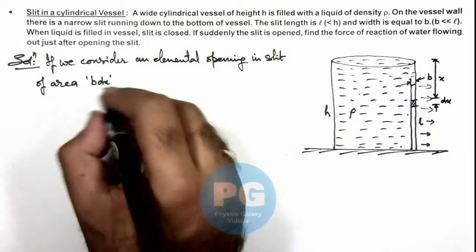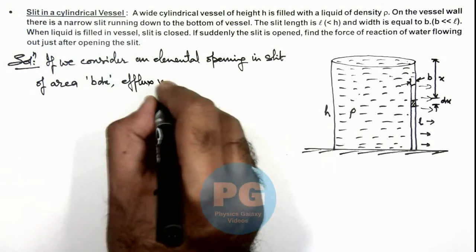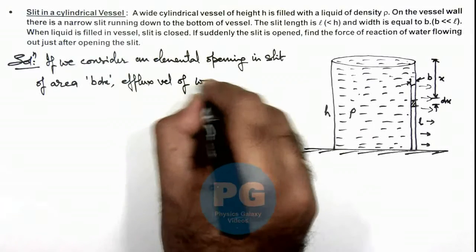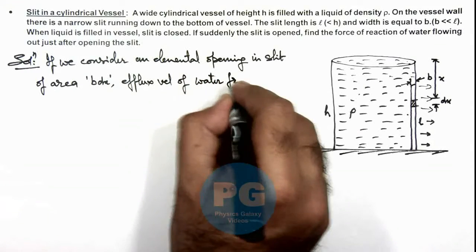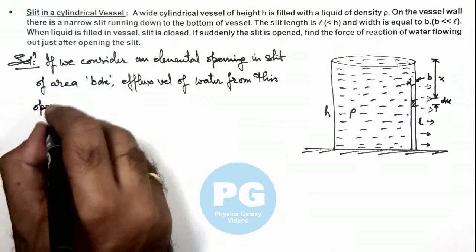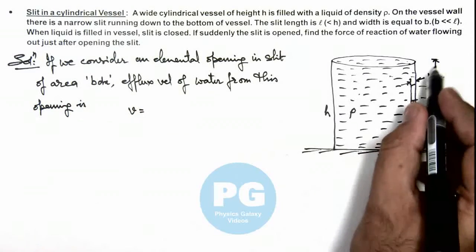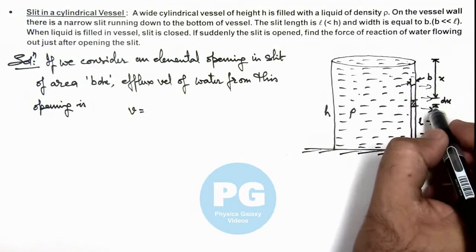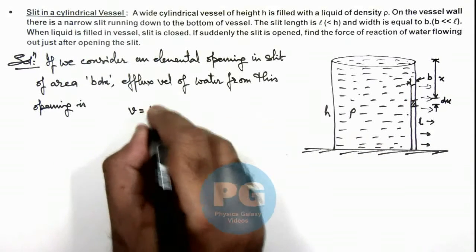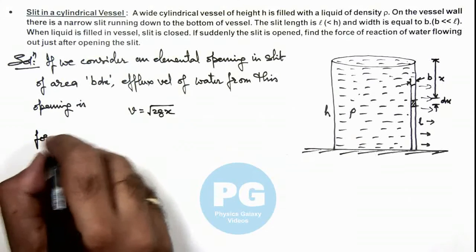Then we can say the flux velocity of water from this opening, considered at a depth x below the open end, will be root 2gx.